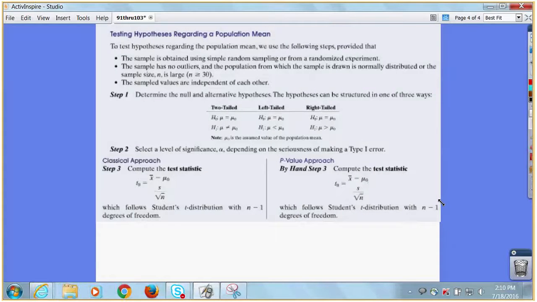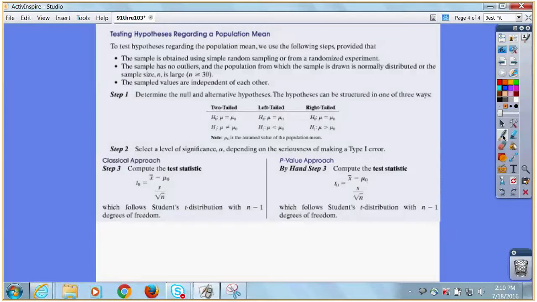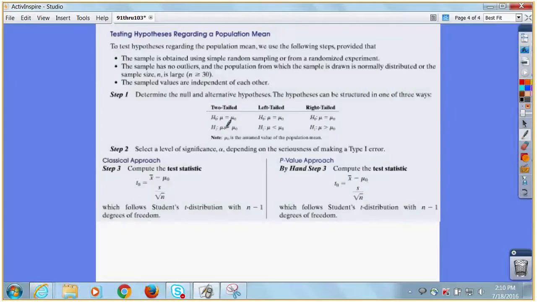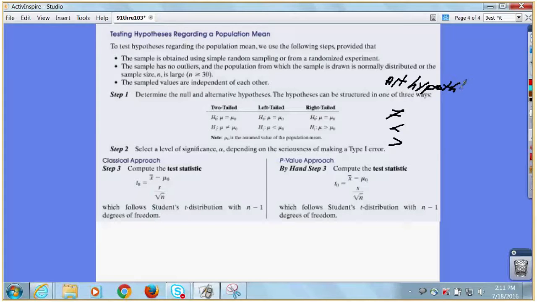There we go. Now, when you have a two-tailed test, usually you have a two-tailed test when you see the not equals. Now, the not equals and the less than and the greater than are based on reading. Okay, so the not equal, the less than, and the greater than, these are what you call the alternative hypothesis. Okay, these are alternatives.